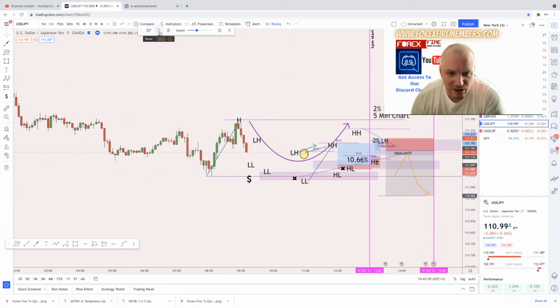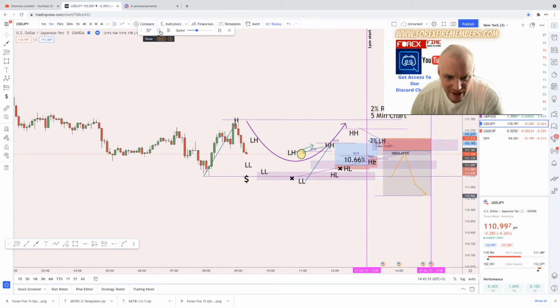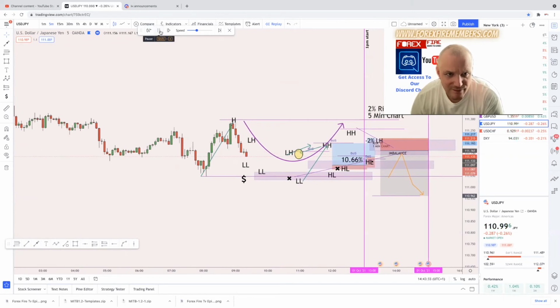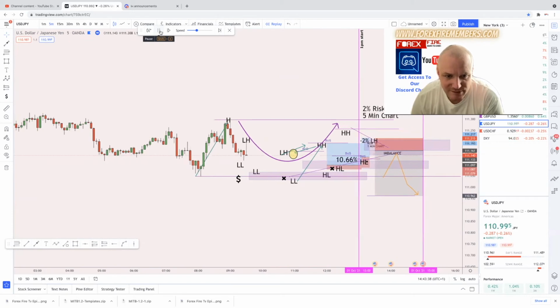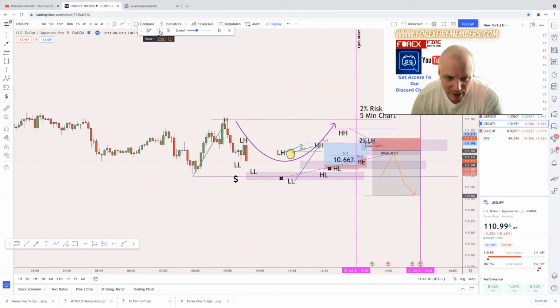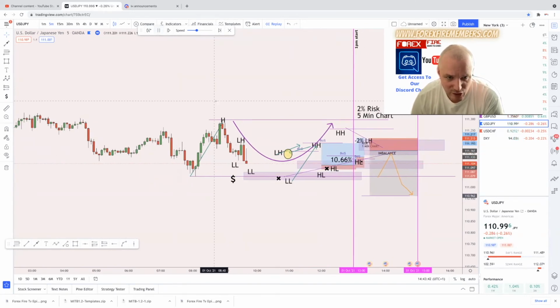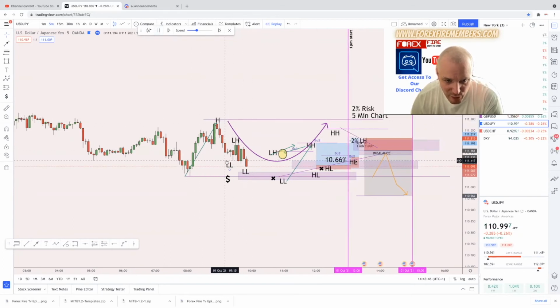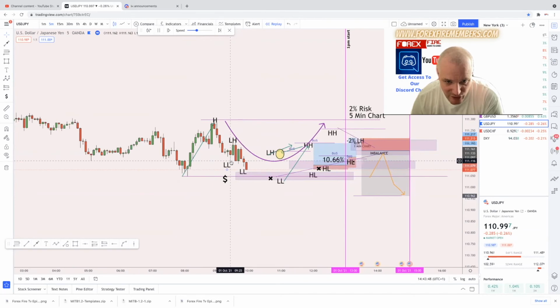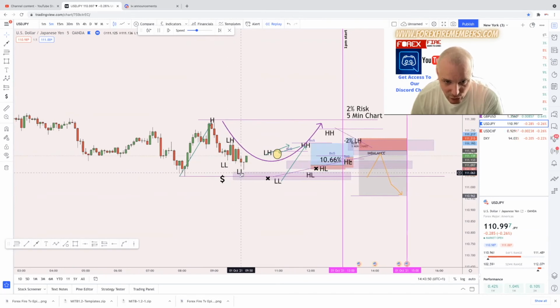As we play this out, we can see we come down and we create that lower low. And then it spikes up, goes into a lower high, because we haven't broke the structure of this. It continues down, it breaks the structure of this, as you can see from the crosshair, making thus a lower low.